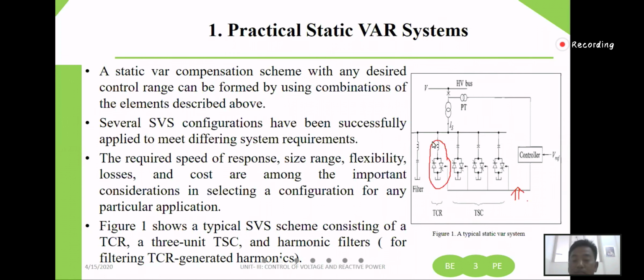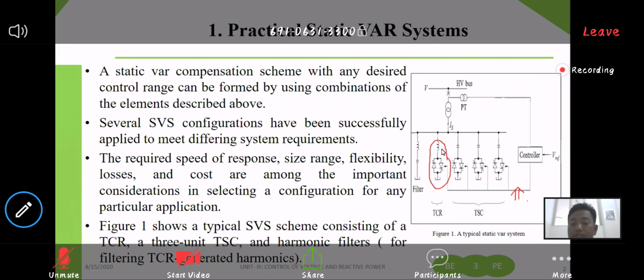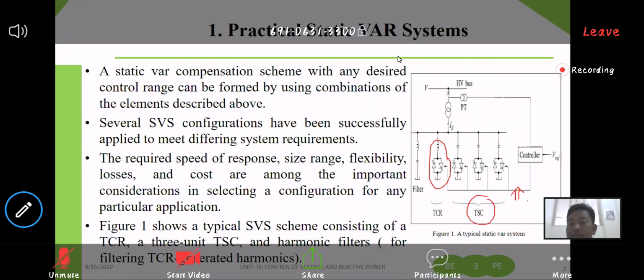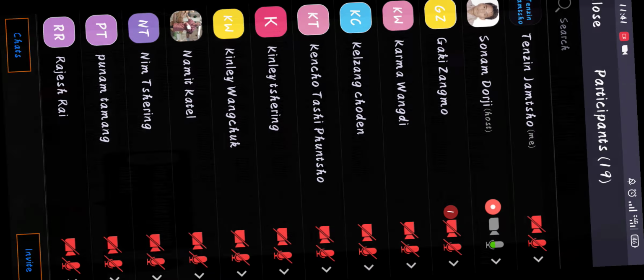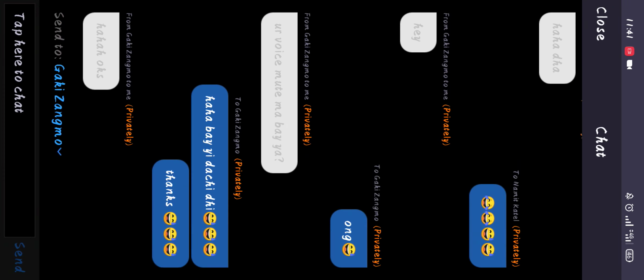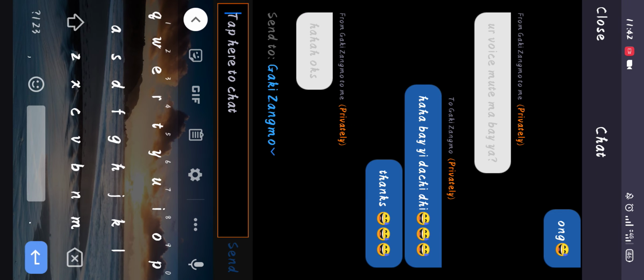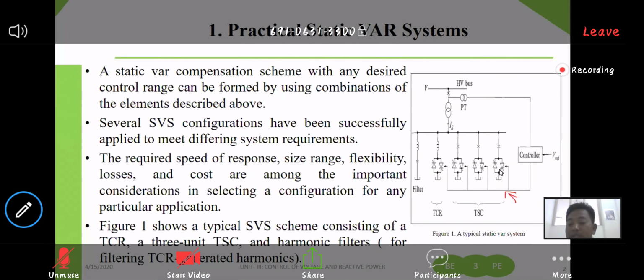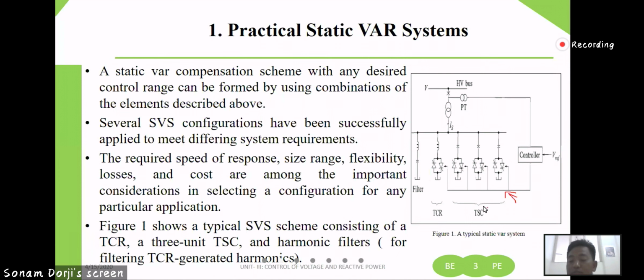So the requirement is very small, and there will be fewer TCR but mostly TSC, because most of the load is inductive. If the load is inductive, a lot of voltage drop will take place, so we have to inject reactive power and maintain the voltage in the acceptable range, which means we have to switch on TSC.